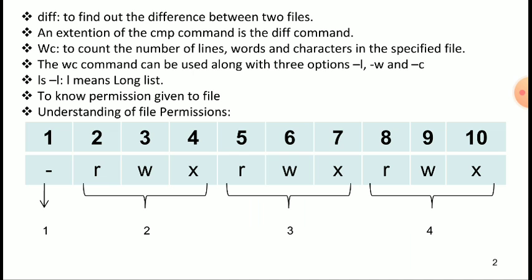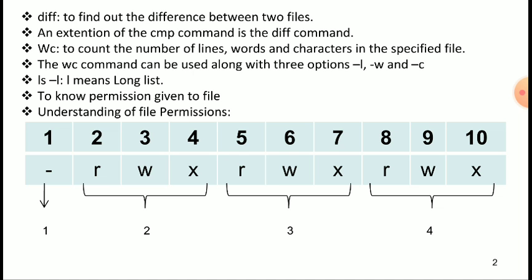Example: DIFF introduction.txt and new_introduction.txt. So that is the output of the difference between two files. An extension of the CMP command is the DIFF command.